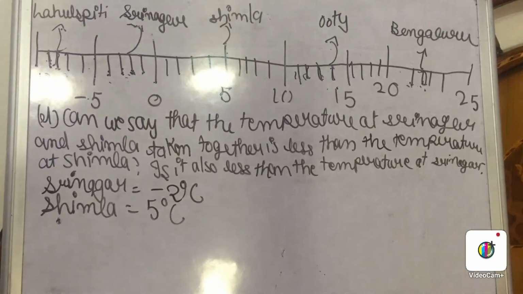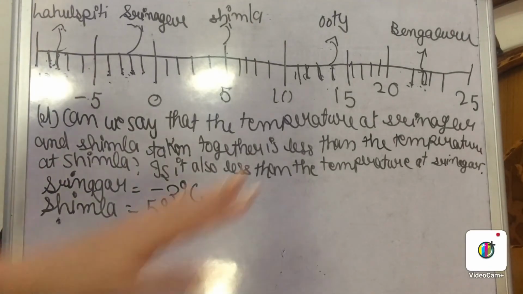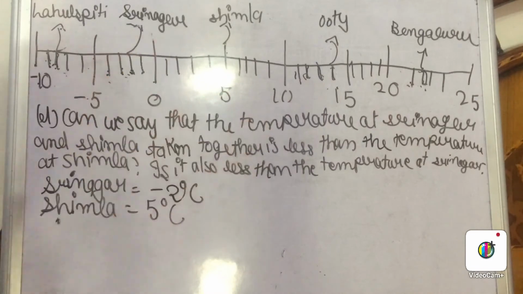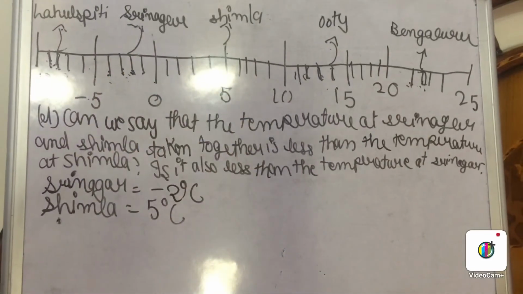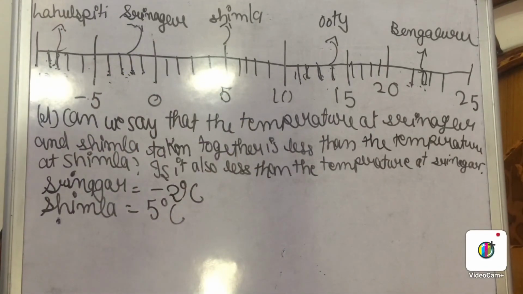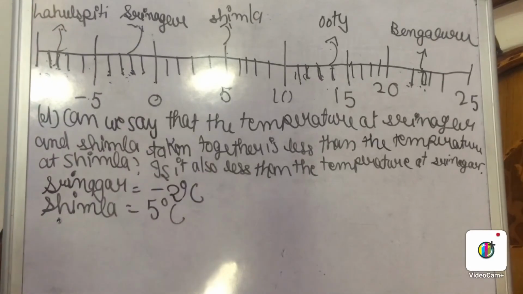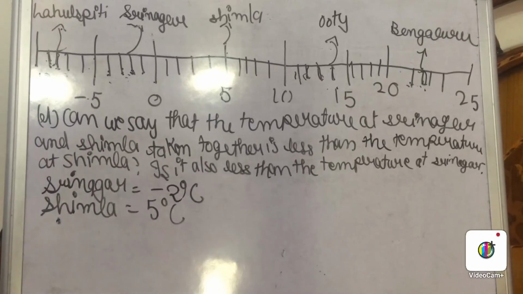So what is given in the question is that if we take Srinagar and Shimla together, it means we have to add the temperatures of Srinagar and Shimla and then compare the sum with the individual temperatures. So now we will firstly find their sum.